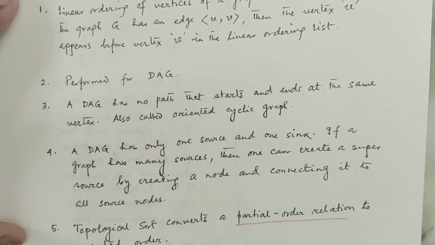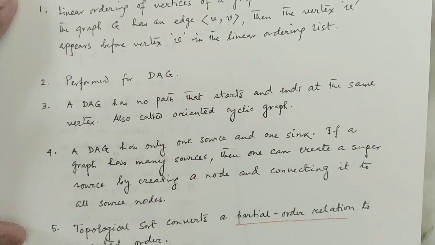Okay, and it is necessary because a DAG has edges that have an inherent ordering, and the final total order, which is called the sorting, is possible only if the constraints of ordering are not violated.